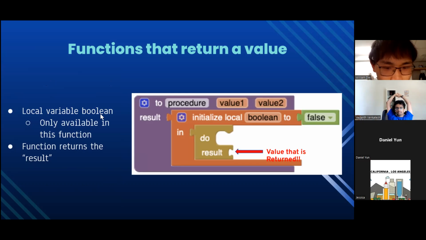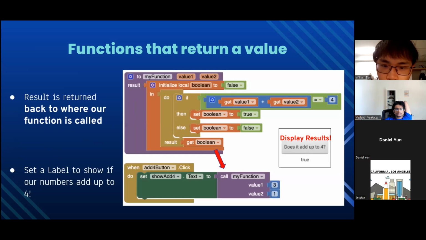Okay, so a function can also return a value. Here it returns result, the thing that goes into result. Once you return, the result goes back into where the function is called.